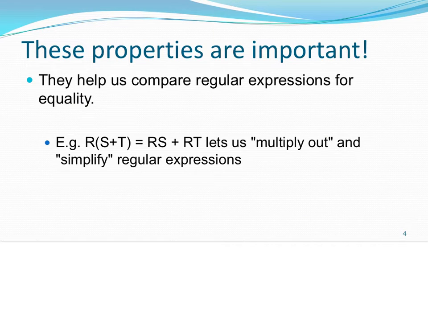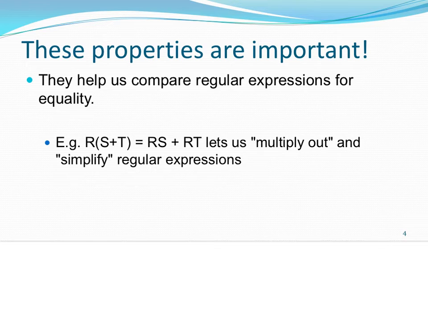Now, we find that these properties are really useful because if we believe that all the properties are true, then we can do all sorts of things. We can compare regular expressions and see whether they're equal. For example, if we have this particular property, then we can multiply out and simplify regular expressions.